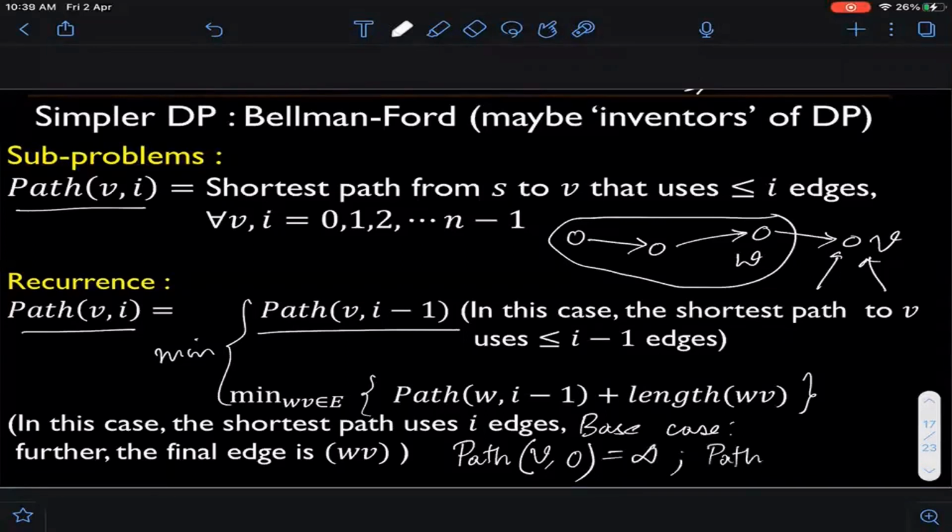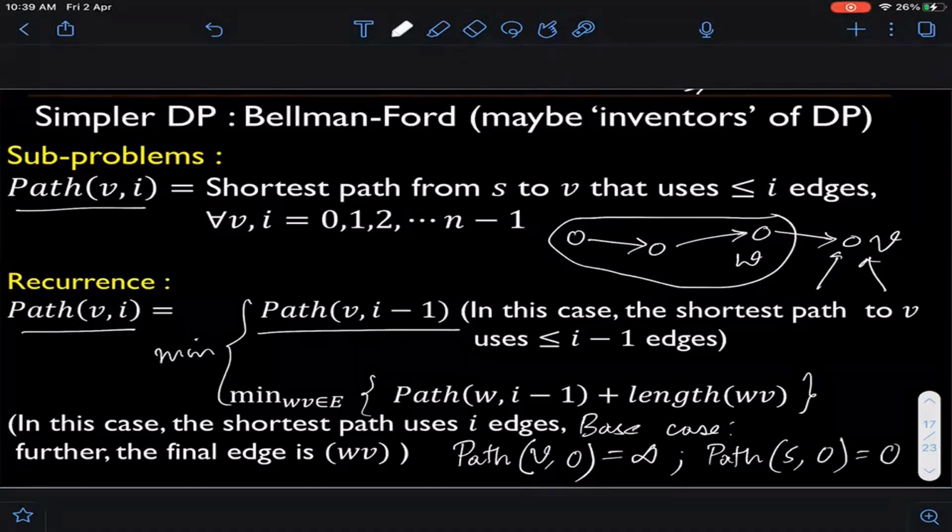And the other base case is where I'm going to make it slightly different. I'm going to write it slightly differently. So what Kevin is saying is that path S comma I should be equal to 0 for all I. Okay, what I'm going to do is I'm just going to say path S comma 0 is equal to 0.